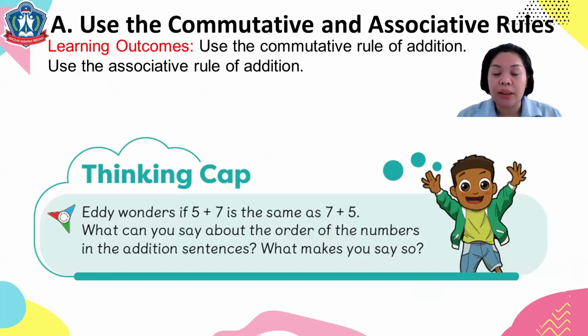Because in addition, even though we switch the numbers, we can still get the same answer. Just like 2 plus 3, right? This is 5. If you have 3 first and 2, still 5. Because still the numbers did not change, only the position which one comes first.